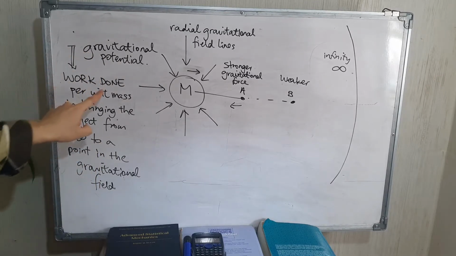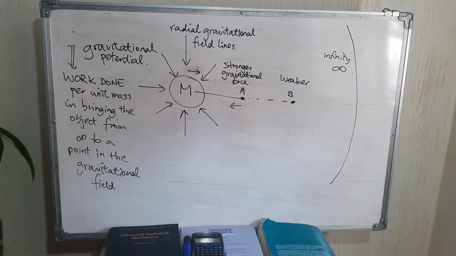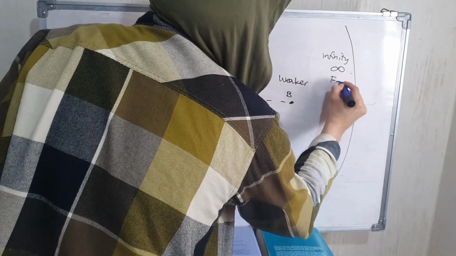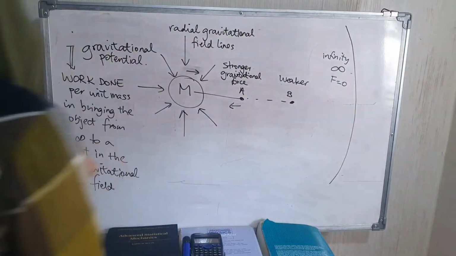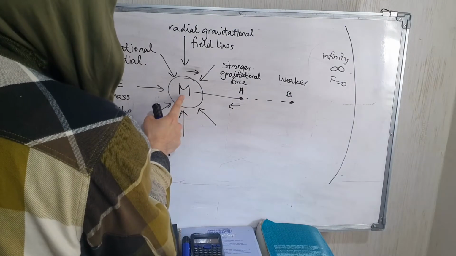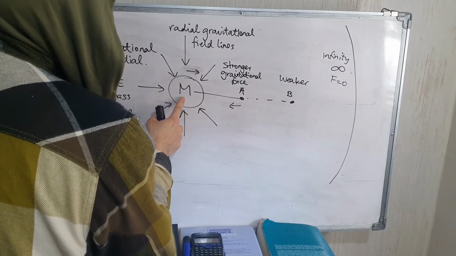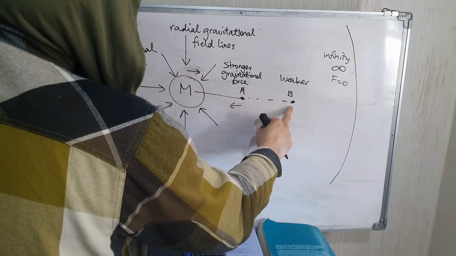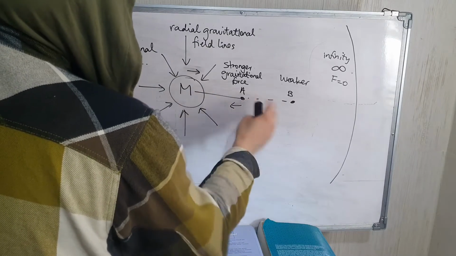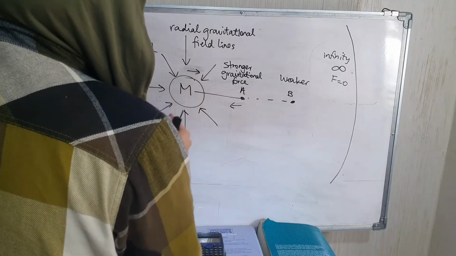is the work done per unit mass in bringing the object from infinity, because by definition, the force at infinity is zero. Because it's so far away, the object will not experience a force because of this massive M. Here, B will be weaker, but A would experience a strong gravitational force. So the further away you are, the weaker the force.